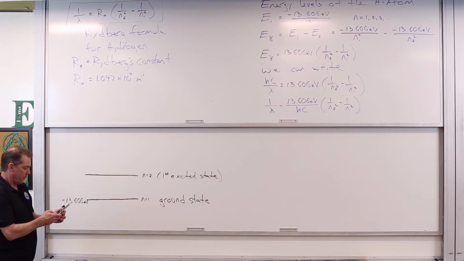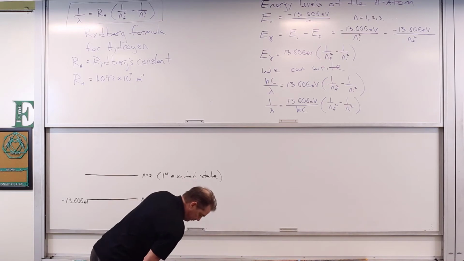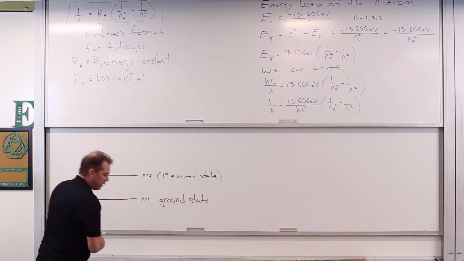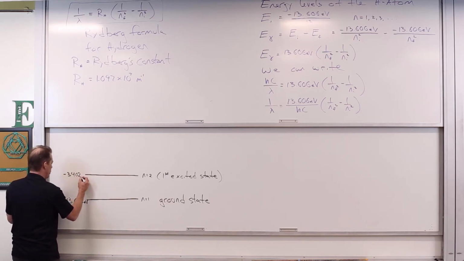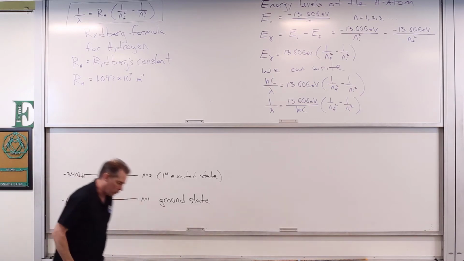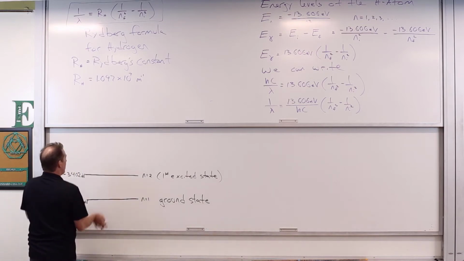So we've got 13.606 divided by 4, which is negative 3.402 electron volts. Put that all in right, 13.606 divided by 4. That's good.